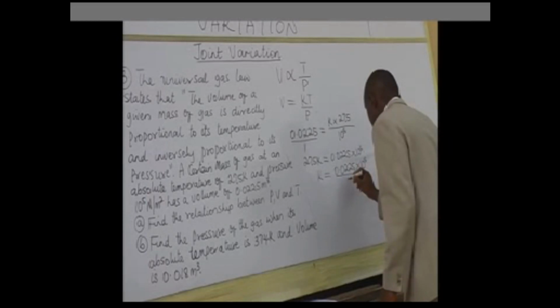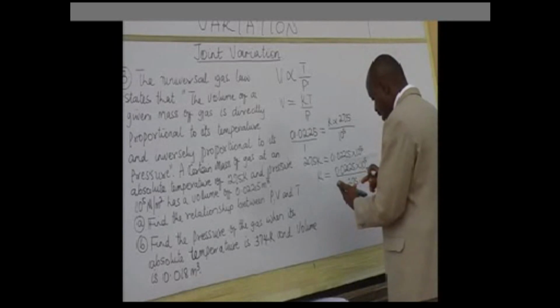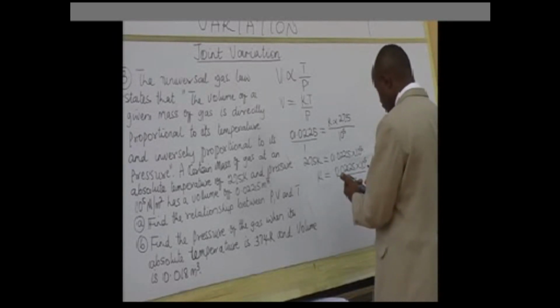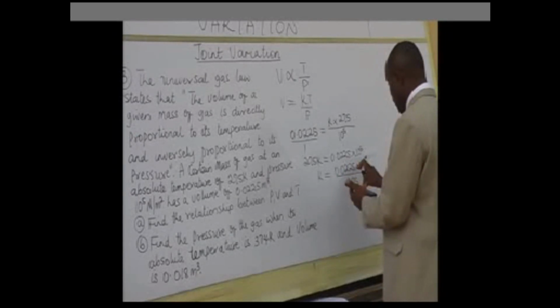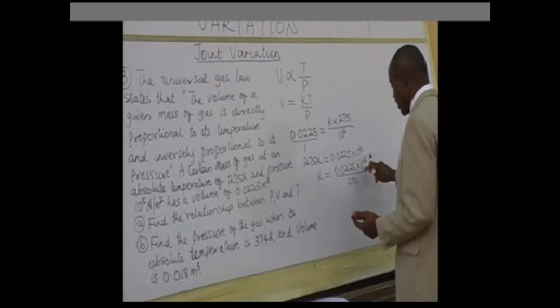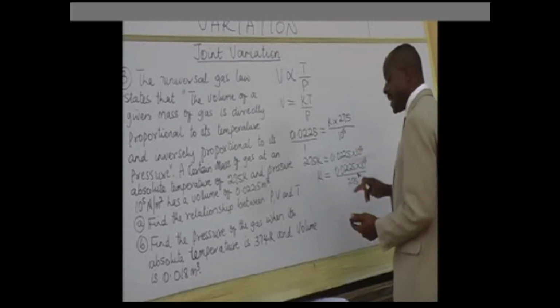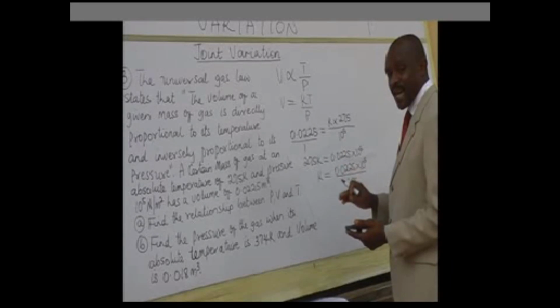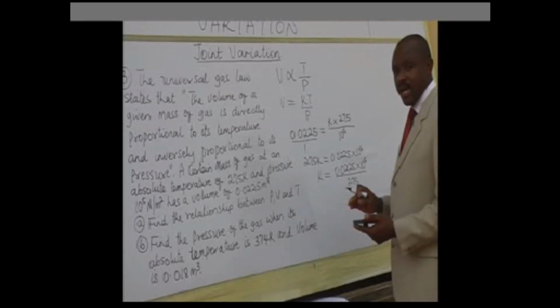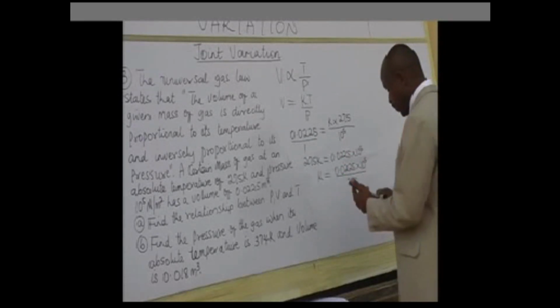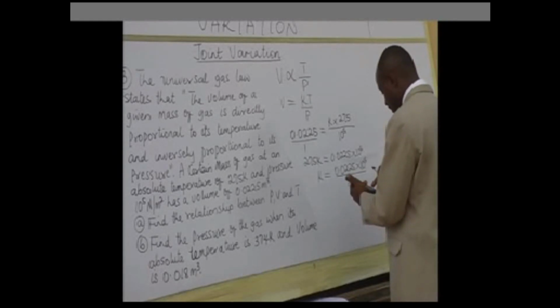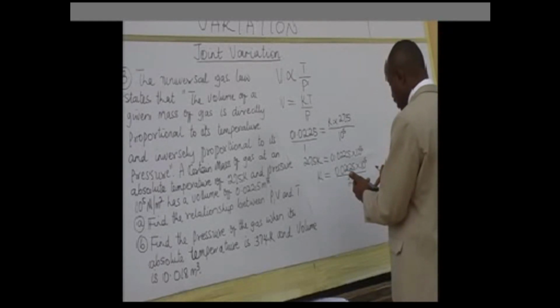divided by 275. If we divide out now, remember that 10 exponent 5 is 10 times 10 times 10 times 10 times 10, which is going to give us 100,000. So 100,000 times 0.0225 is giving us 2,250.